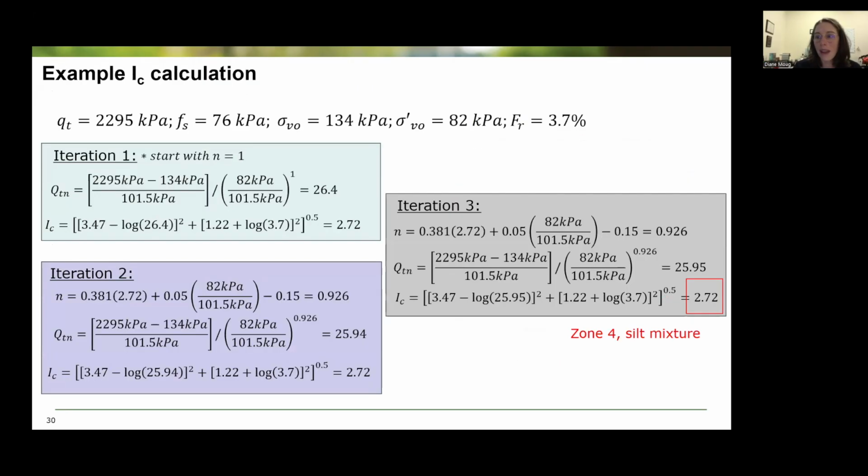An example of running through these calculations with some example values is shown in this slide here. In the end, it takes about 3 iterations before you see convergence, but you end up with an I sub C value of 2.72, indicating that we're in zone 4, which is silt mixtures for the soil behavior type.